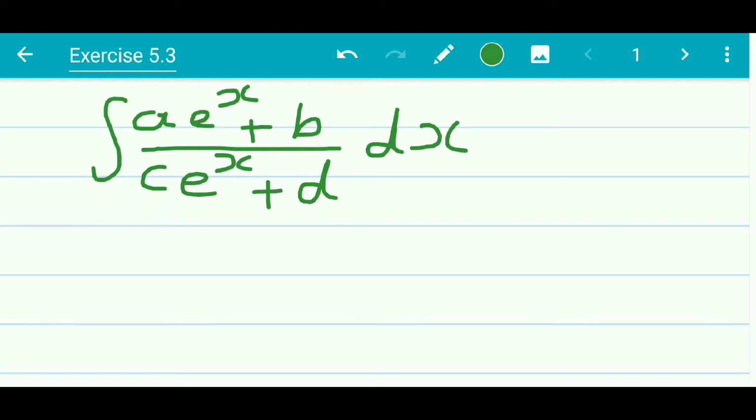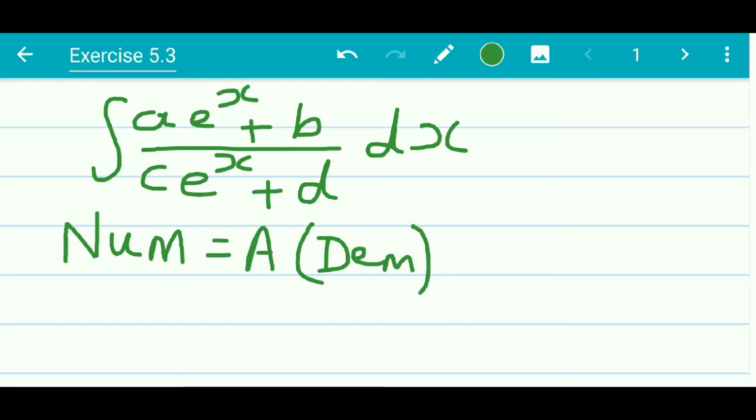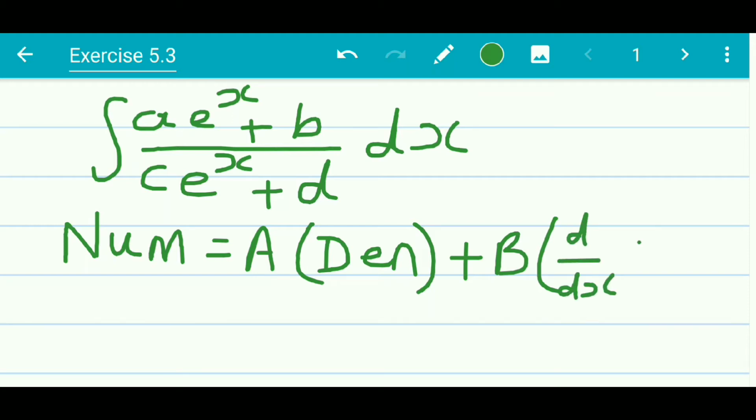When we come across such sums, we solve them in this way: we write the numerator as a into the denominator plus b into the differentiation of the denominator, that is d/dx of the denominator. And then we proceed further to find the values of a and b. You will understand it more clearly when we start with the sums actually.